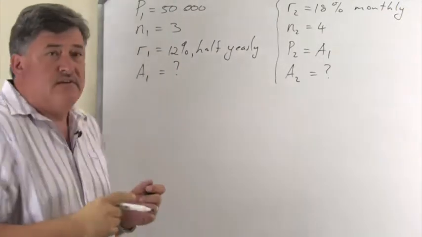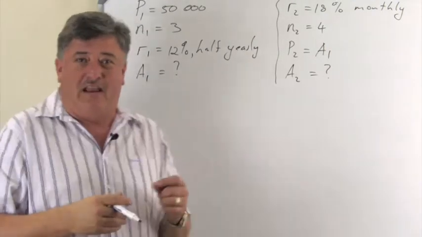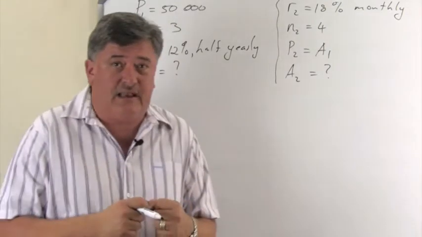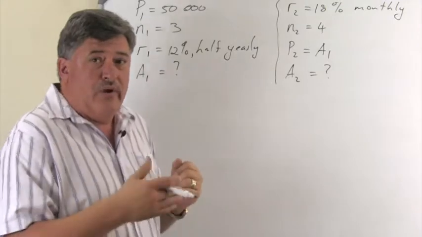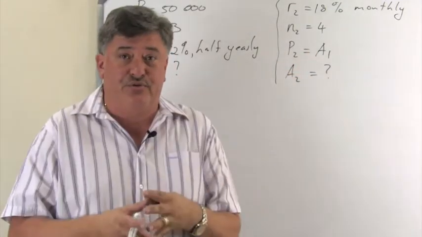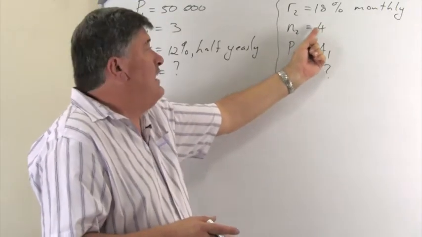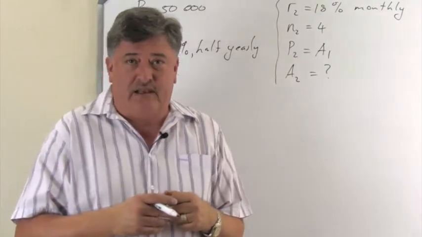And they ask us, although indirectly, to find our future value after the 3 years. Because after the 3 years, we're not going to take the money. We're going to reinvest that money. So this A1, we're going to calculate here. We're going to reinvest, and that's going to be my P2 amount. I'm going to invest it for a further 4 years at a different interest rate of 18% monthly.